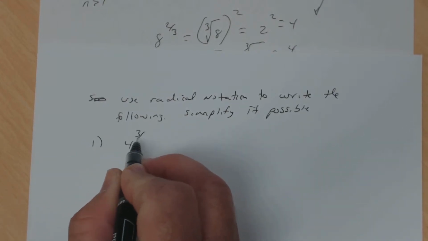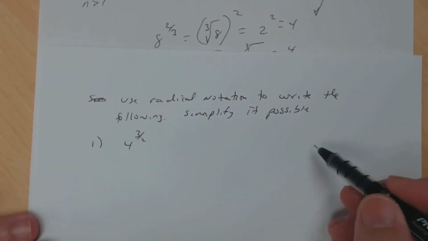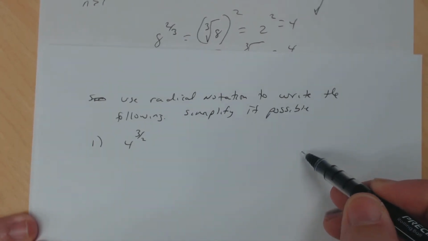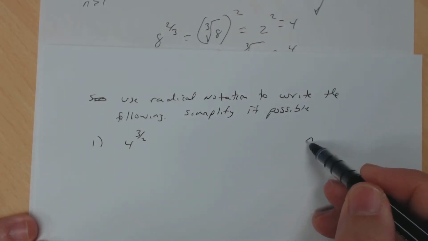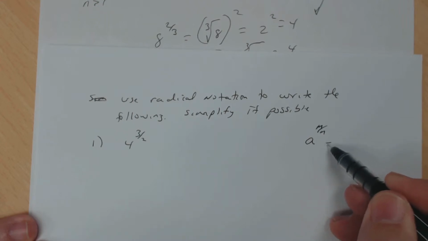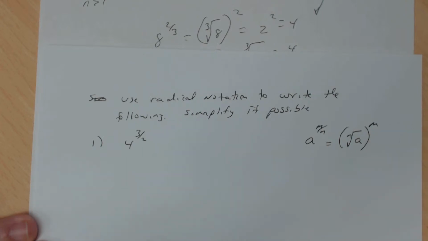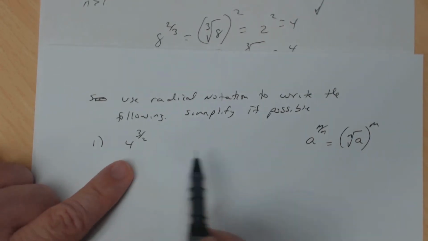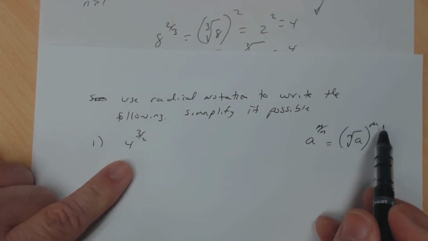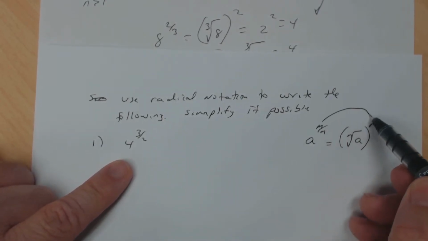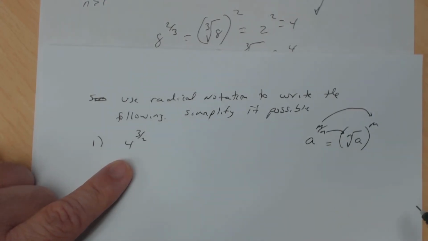Suppose we had 4 to the 3 halves. Remember our definition, and I'm going to use the one where the exponent is on the outside. By definition, a to the m divided by n is the nth root of a, all raised to the m power. The denominator is your index, the numerator is your exponent, and your base becomes your radicand.